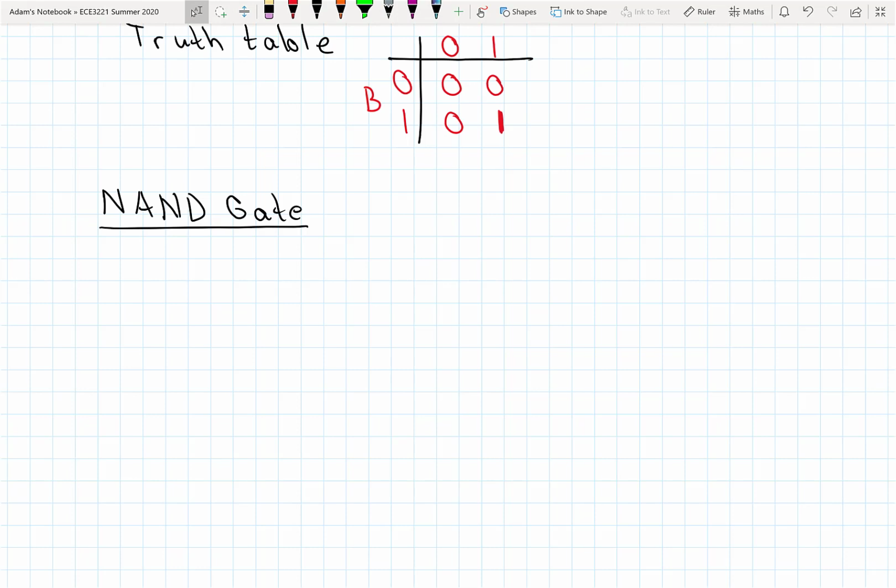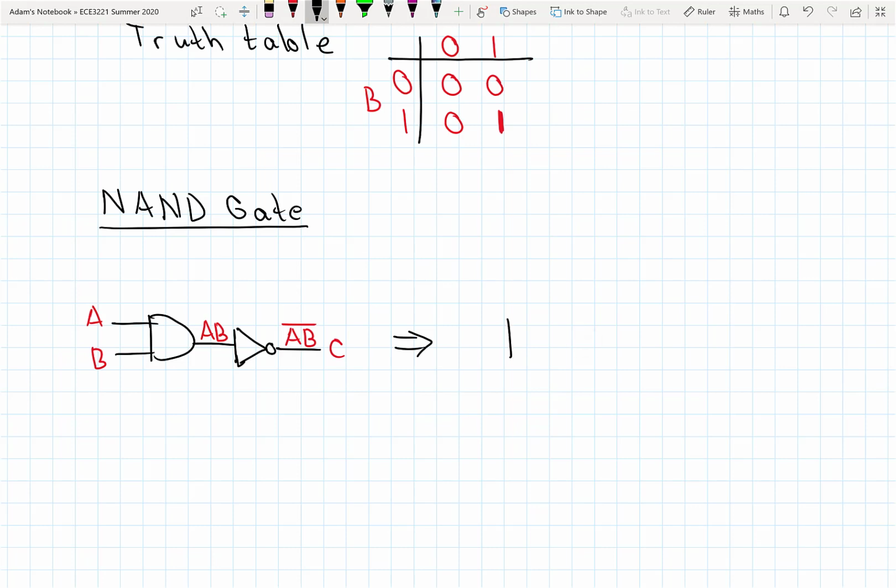A NAND gate is basically an AND gate that has its output inverted. So this is an AND gate where at this point we have A and B, and at the output we have A AND B NOTed to form C. We don't typically show our NAND gate this way.